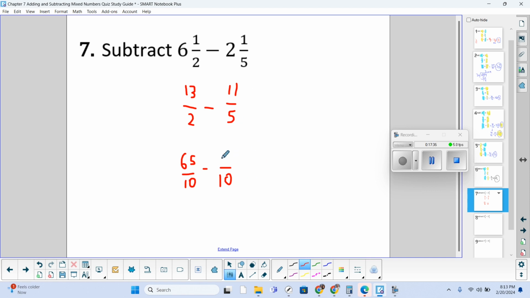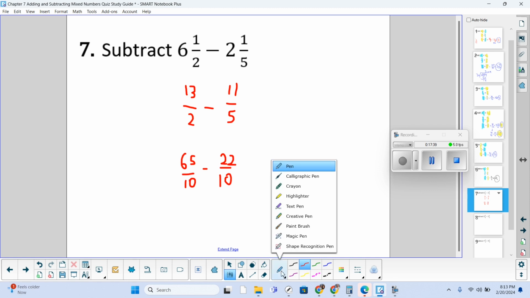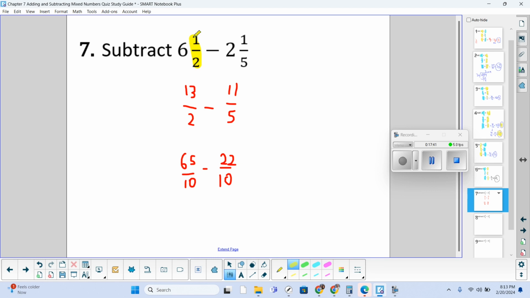So 11 times 2 is 22. So a little highlighter reminder: 6 1/2 is equal to 13 over 2, is equal to 65 over 10. Just like 2 1/5 is equal to 11 over 5, is equal to 22 over 10.